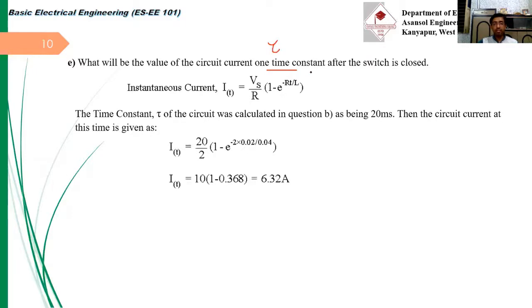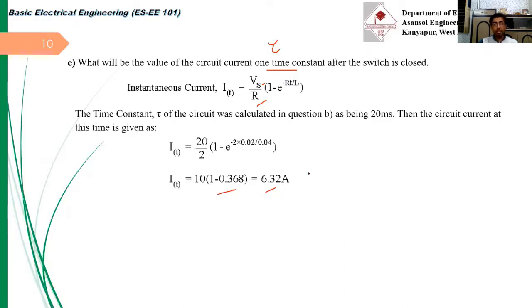Next, what will be the value of the circuit current after one time constant, that means after tau time passes? After tau time passes means e to the power minus t by tau. Put those t and tau values. Vs by R, the Vs value is 20, the R value is 2, already given. If you put in these values, the current is 6.32 ampere.